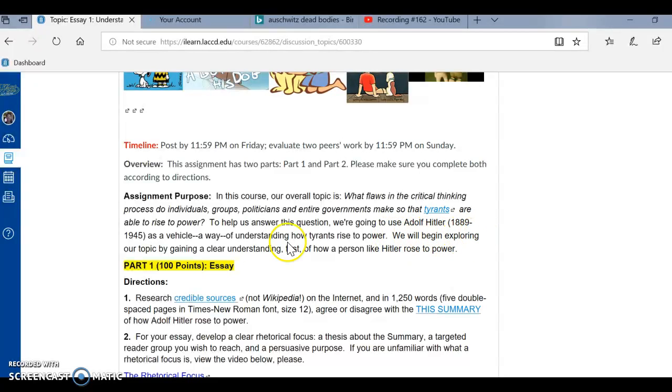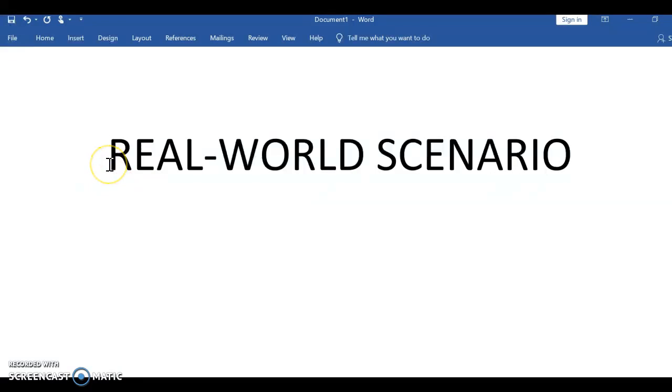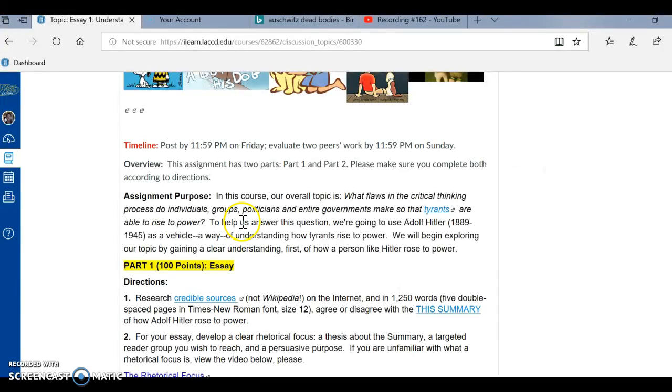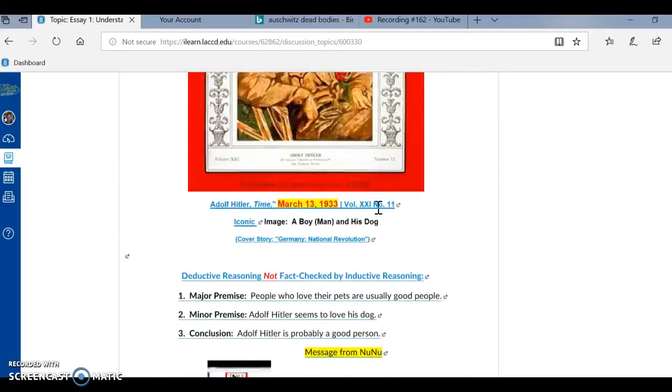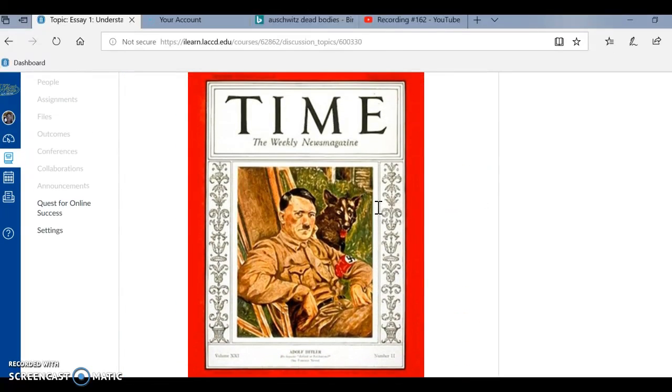We will begin exploring our topic by gaining a clear understanding first of how a person like Hitler rose to power. In this class focusing on critical thinking, I want to engage you in a real-world scenario by understanding how the failure to engage in critical thinking on the part of individuals, groups, politicians, and entire governments made somebody like this rise to power.